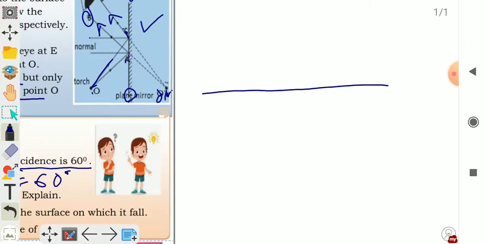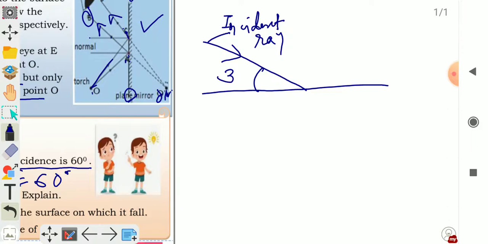Suppose this one is the incident ray. It forms a 30 degree angle with the mirror. So what will be the angle of incidence and angle of reflection? If we draw a normal at the point of incidence O, we will get this angle of 90 degree.